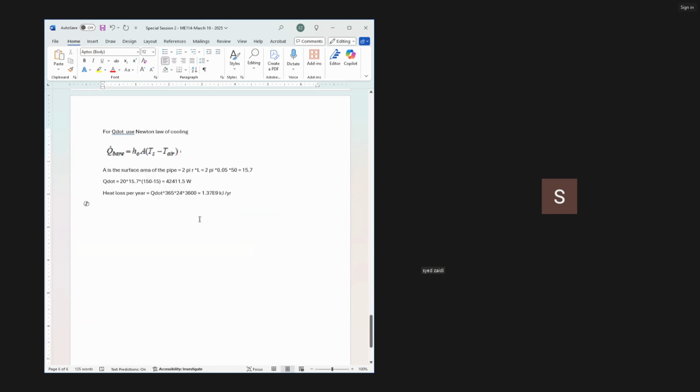So Q gas, the gas consumption from the natural gas furnace, will be equal to, very simple, Q, not Q dot.